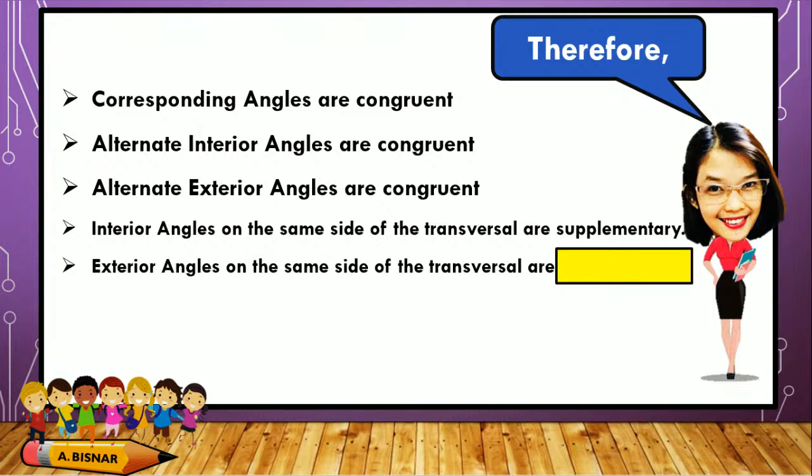Alternate exterior angles are congruent, and interior angles on the same side of the transversal are supplementary. And this is what our lessons are all about. And that's it. I hope you learned.